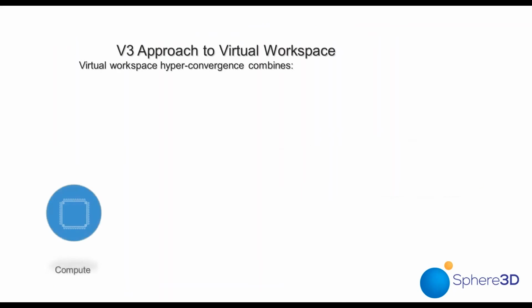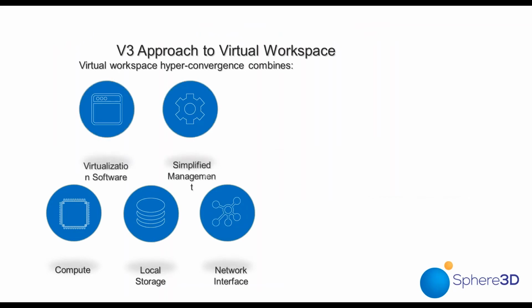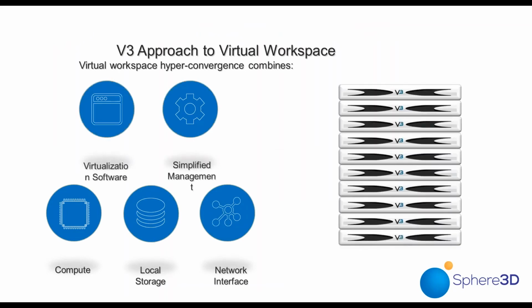So to just talk about what's in the appliances, and you can just go ahead and get them all on the screen to make it easy. And I appreciate everybody for bearing with us on this. The V3 approach to virtual workspaces and hyperconvergence takes all the pieces that are necessary that are in a physical computer, puts them all in one appliance, and makes them available.